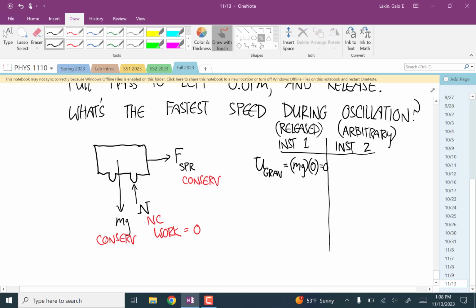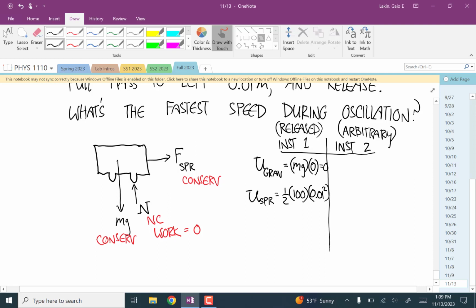What about the spring potential energy? That's 1/2 times k, which is 100, times how far is this thing moved from its resting position? 0.01. Yeah, 0.01. So the formula says we have 1/2 times k times 0.01 squared.